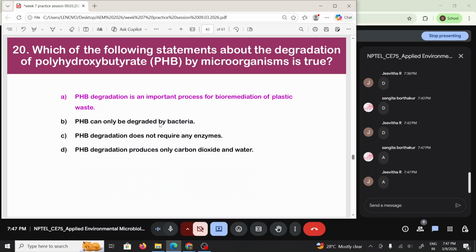It is an important process for bioremediation of plastic waste. It's not that only bacteria can degrade PHBs, and of course, when there is microbial degradation, they require enzymes. It's not that they don't require enzymes, and they also produce other products. Like when this happens in an anaerobic environment, methane is produced. So, the degradation process does not only produce CO2 and water.